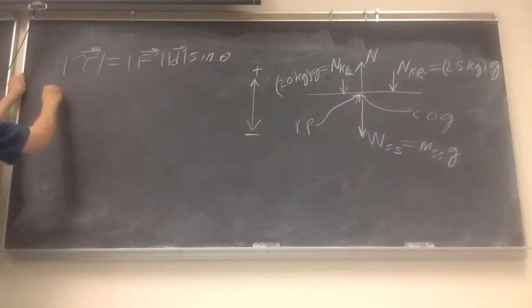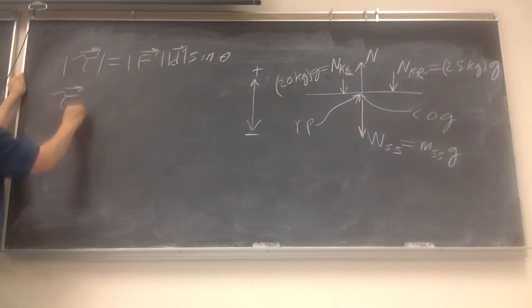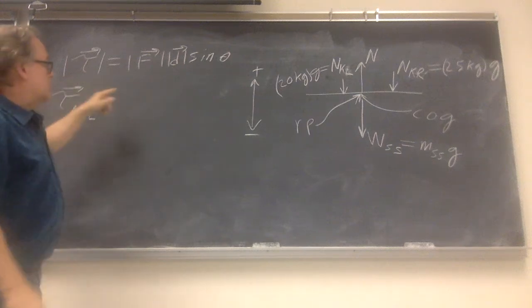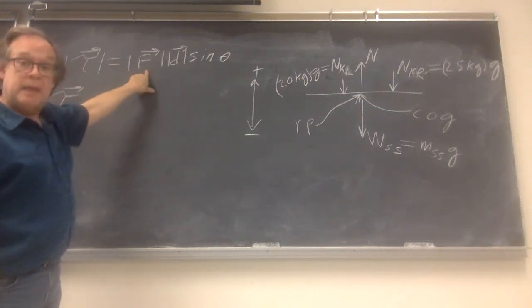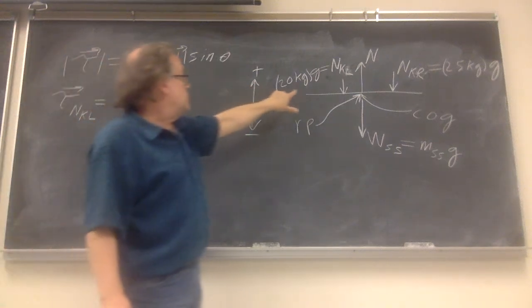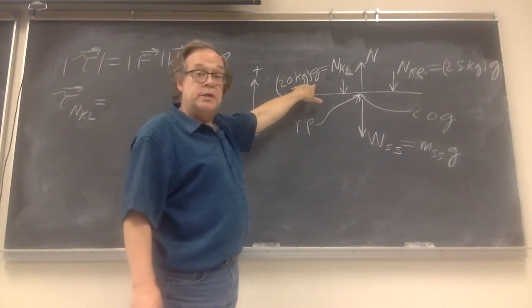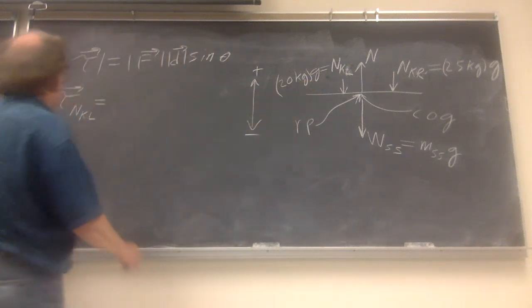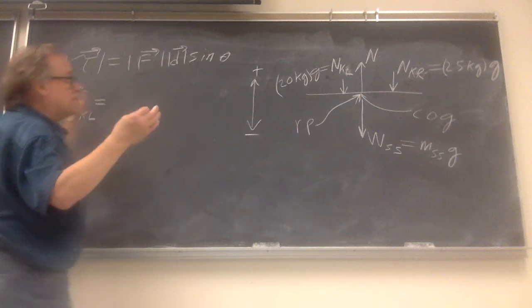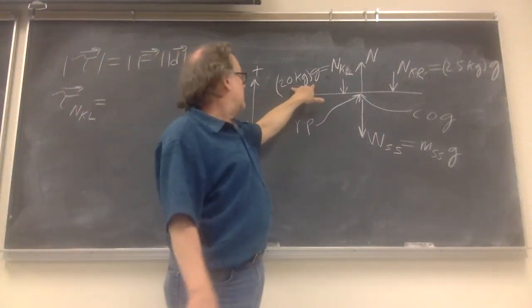So first, the torque that comes from the normal force from the kid on the left. That's just going to be, first term is the magnitude of the force, which is just this, 20 kilograms times g. And I'll just leave it as 20 times g.